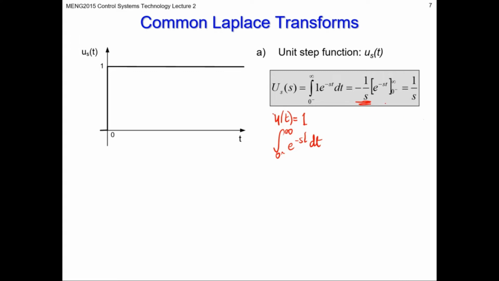Now, if we apply the limits of 0 and infinity to our exponential term, we have e to the minus s infinity, minus e to the minus s times 0. e to the 0 is 1. e to the minus s infinity, well, e to the minus infinity is 0.